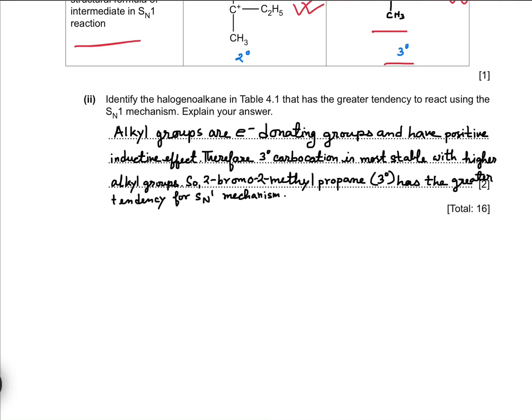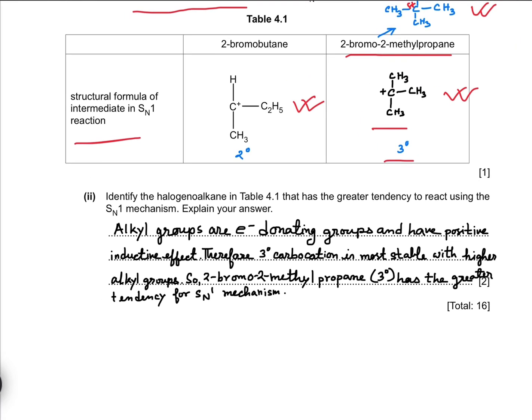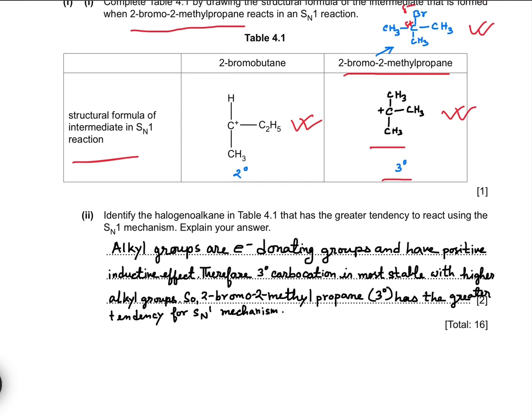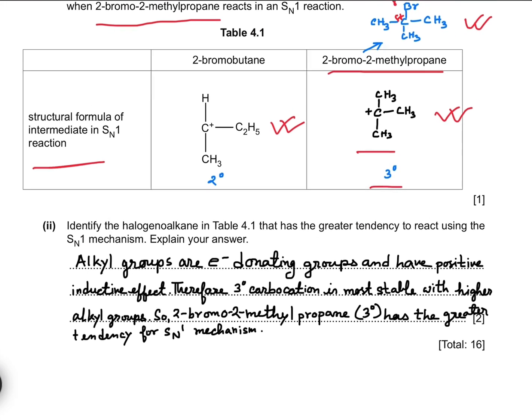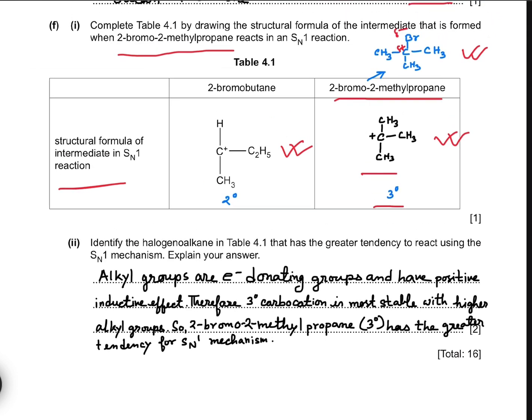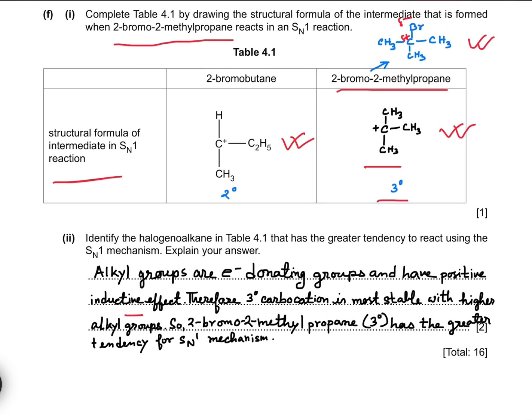Identify the halogenoalkane in table 4.1 that has the greater tendency to react using the SN1 mechanism. Explain your answer. We know that alkyl groups are electron donating groups and have a positive inductive effect.